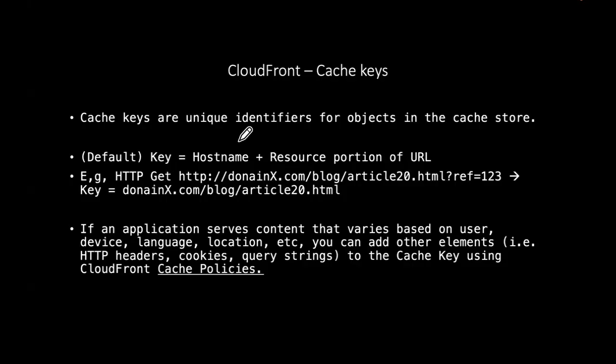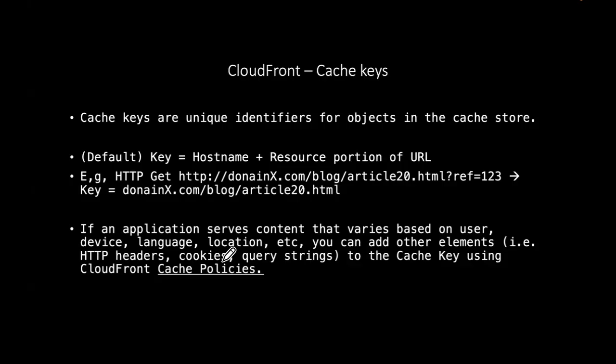So not only the host name and the resource path, but other request header values and query string values, and indeed cookie values, all of them can be used to form the full key for a cache entry. And you can completely control that, and you control it by means of what's called the cache policy, which again is something that's part of the configuration of your CloudFront distribution.